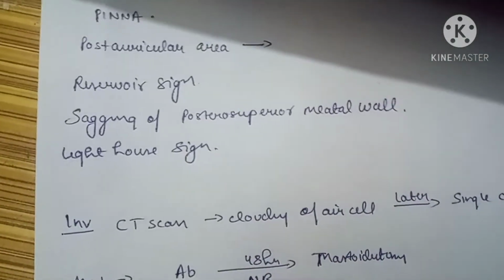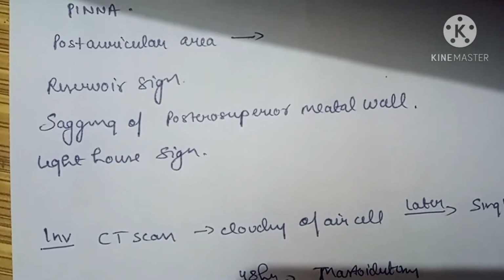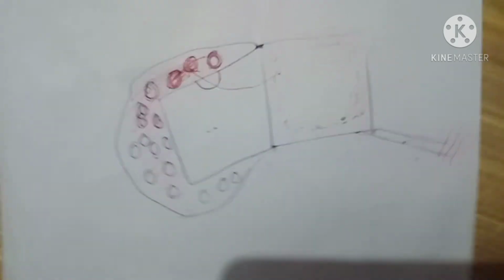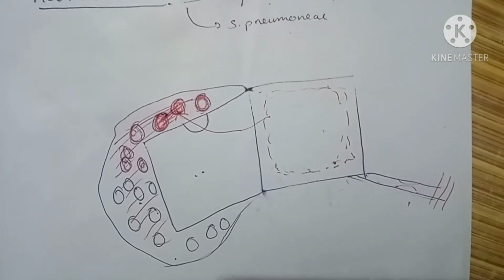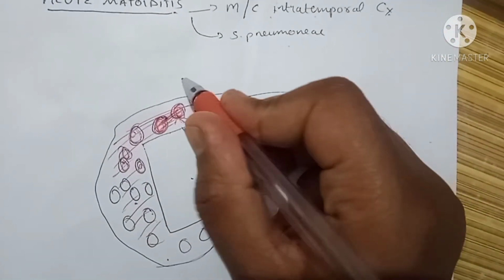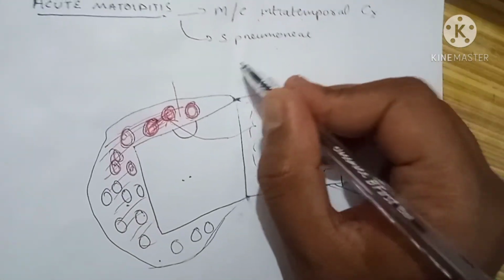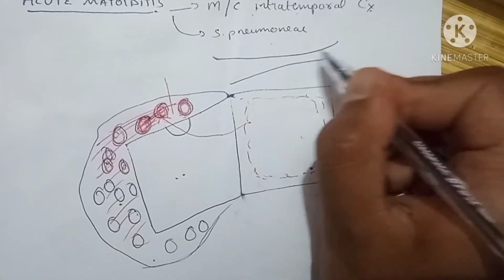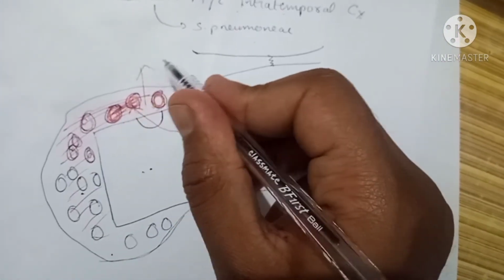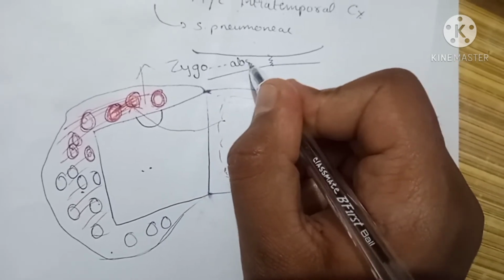Now we will try to understand what can actually be the complications in acute mastoiditis. So with this diagram we will again try to understand how an acute mastoiditis infection can spread. Acute mastoiditis infection can spread superiorly. Near to this we have the root of zygoma. So this infection superiorly can spread to the zygomatic bone, leading to a zygomatic bone abscess.